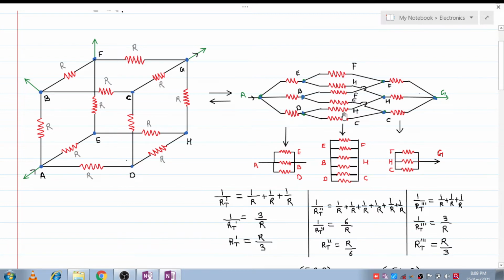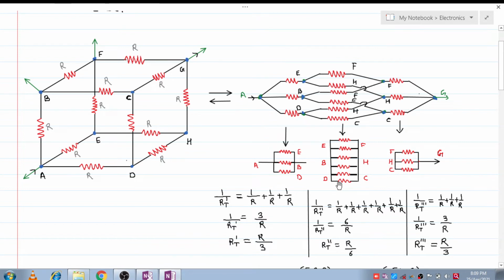Similarly, these six resistances are connected in parallel. So 1 upon RT double dash is equal to 1 upon R plus 1 upon R plus 1 upon R plus 1 upon R plus 1 upon R plus 1 upon R, that is, 1 upon RT double dash is equal to 6 by R, or RT double dash is equal to R by 6.